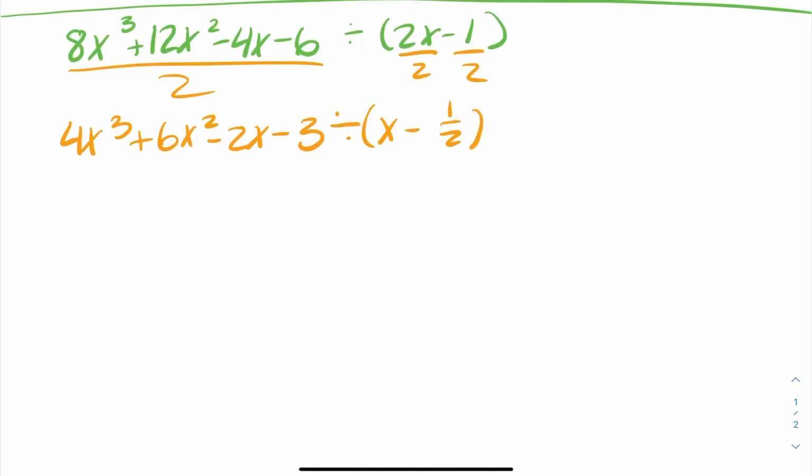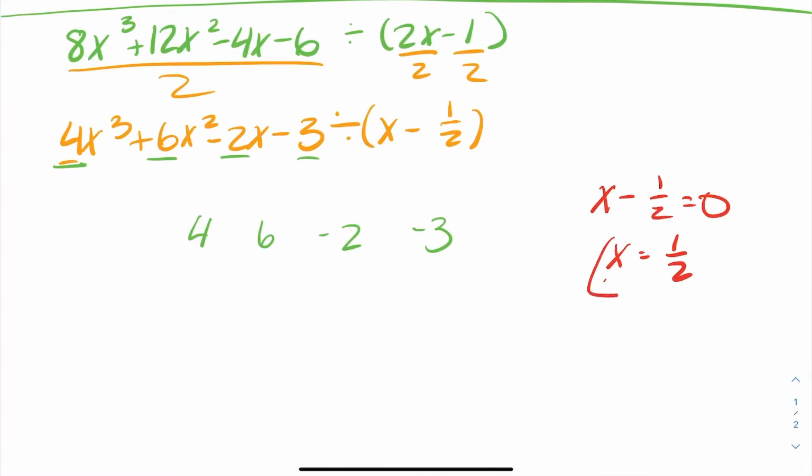So you do the same steps as before, where you have your coefficients. You rewrite them: 4, 6, negative 2, and negative 3. Then you have your denominator, and you just want to solve for x, set it equal to 0. So in this case, x equals 1/2.